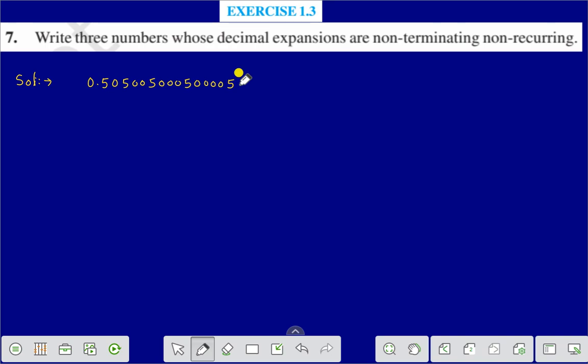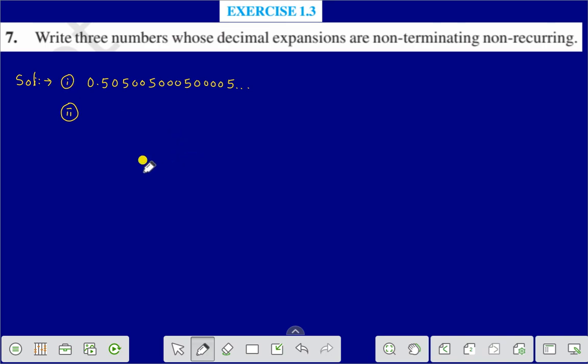If we continue in this way, then this will be a non-terminating and non-recurring decimal, right? This is number 1.